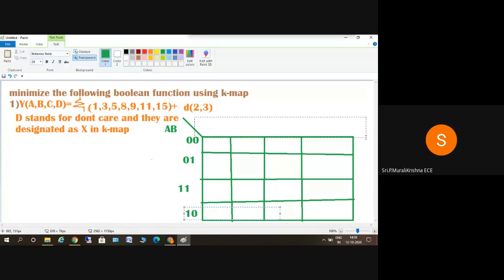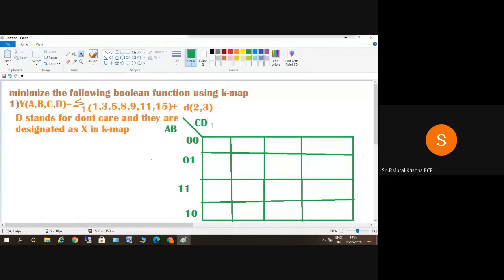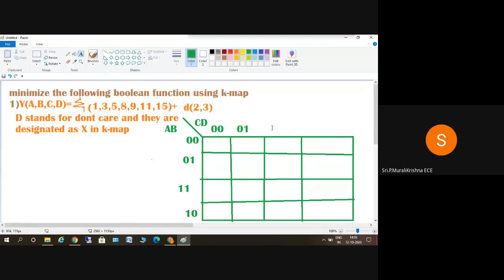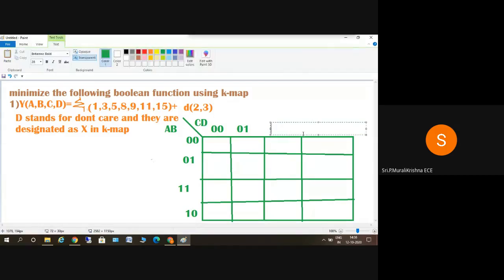So the values are AB: 00, 01, 11, 10. In a similar way, we have CD: 00, 01, 11, 10. So these minterms, I'll mention them.